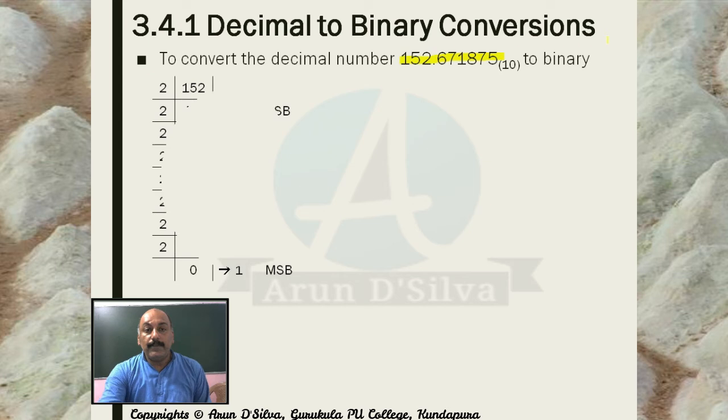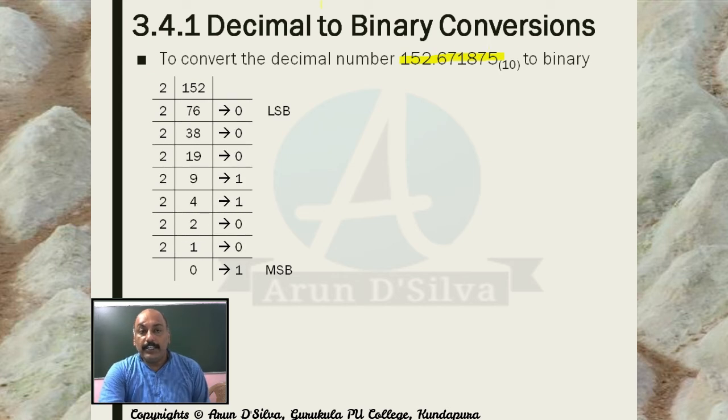First, let me take the integer part, 152. So I divided 152 by 2. I got quotient 76, remainder 0. So that I noted as the LSB. And I keep on dividing: 76 divided by 2, again I got quotient 38 and remainder 0. Again I divided, quotient 19, remainder 0.